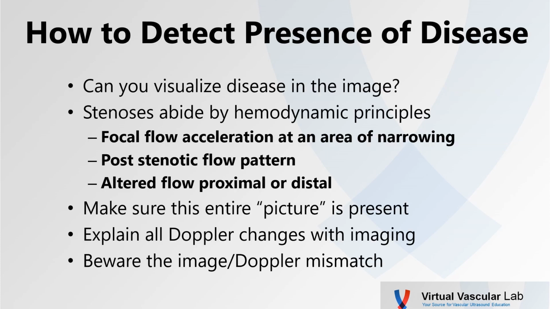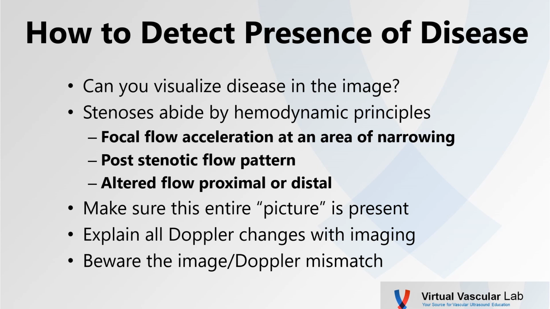So this is really how you detect the presence of disease. First off, you have the image. Can you visualize disease in the image? If not, there's probably not significant disease there, regardless of your velocity calculations. If there is, we know that stenoses abide by hemodynamic principles. That is, can we detect a flow acceleration at that area of narrowing?